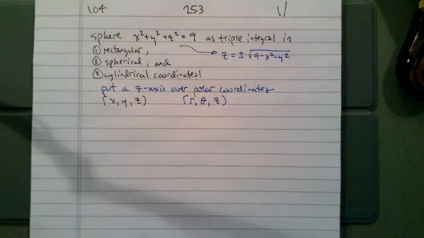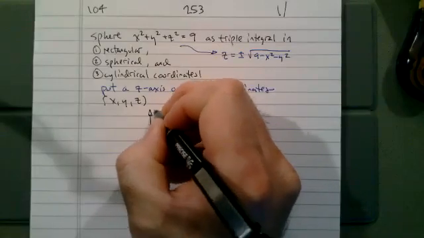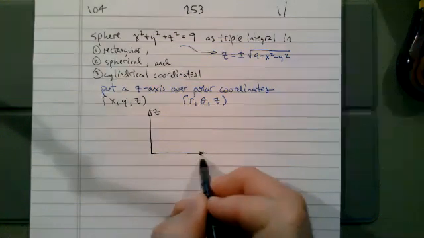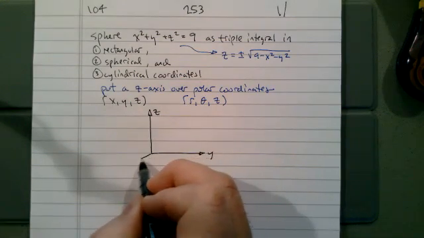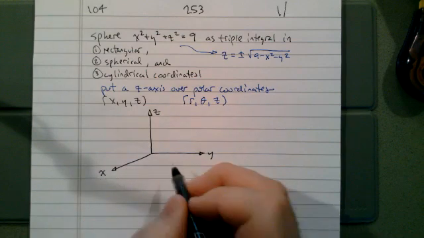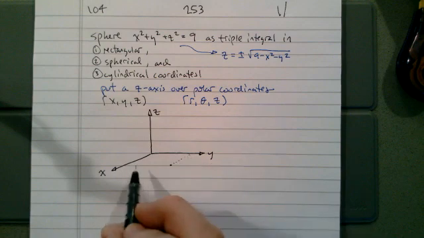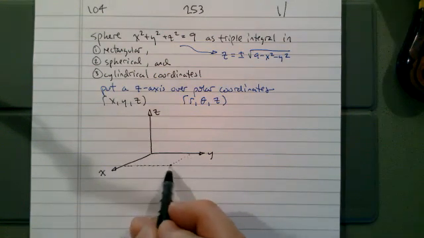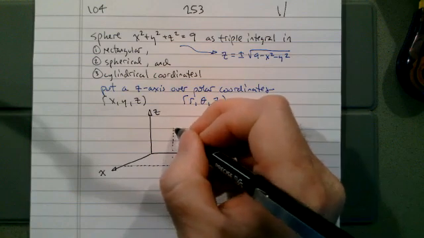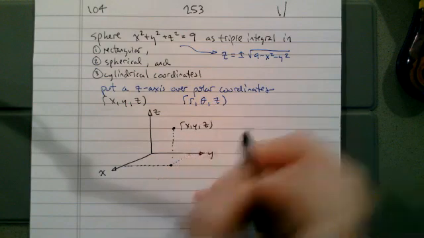So we're still looking at a z-axis going up, a y-axis going left to right, and our x-axis coming straight out of the page. And if there's a point here, x, y, and then we map that up to a point above it, this point is x, y, z.